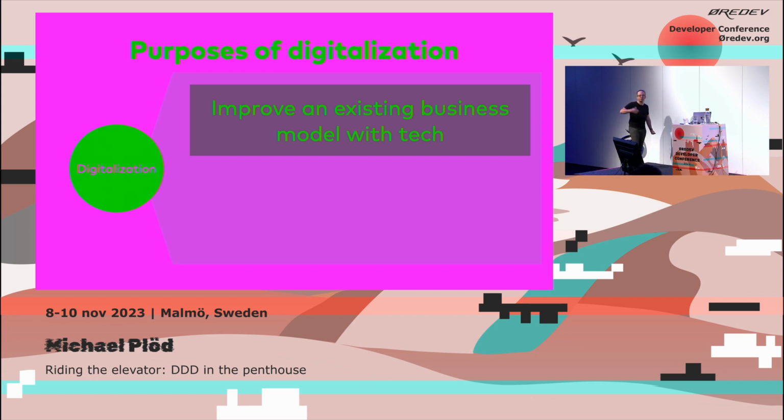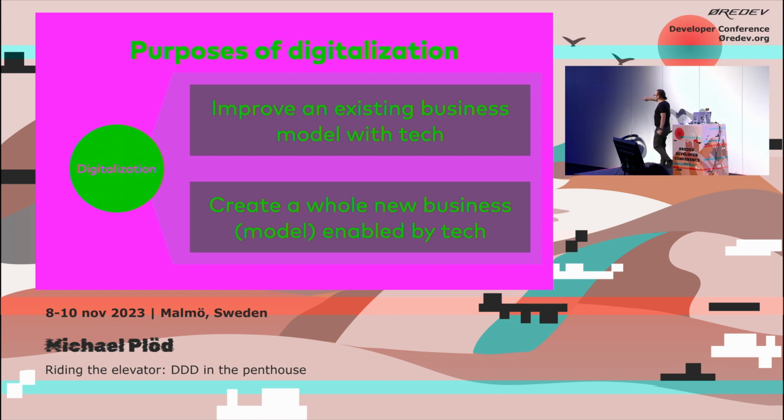Yeah, for instance, that a mortgage loan application is being checked now within 1 business day instead of 3 business days. You reduce error counts, stuff like that. You don't change the business model a lot. You just use tech to improve it, maybe very often on the cost side of things. Now, the second part is that we create a whole new business model which is enabled by tech.